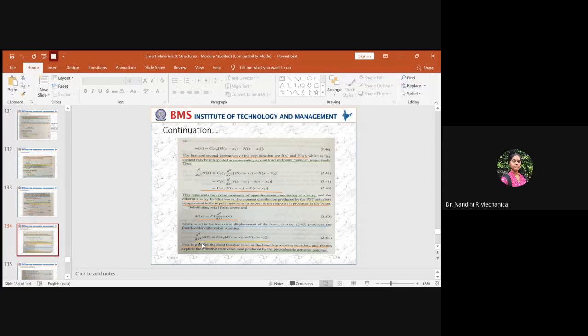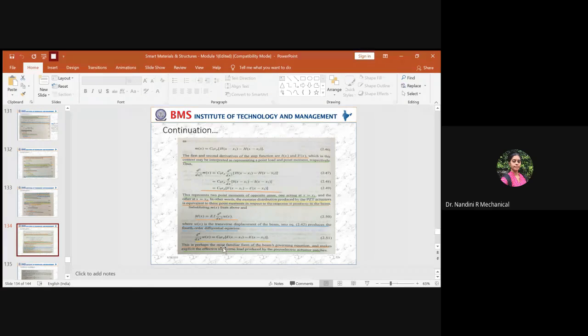So that you have to understand. Previously we had an equation of differential order 2 because we focused only on the external bending moment. When you need the equation for internal bending moment also, again it has to be differentiated twice. So the combination of internal bending moment as well as external bending moment will yield a fourth order differential equation.